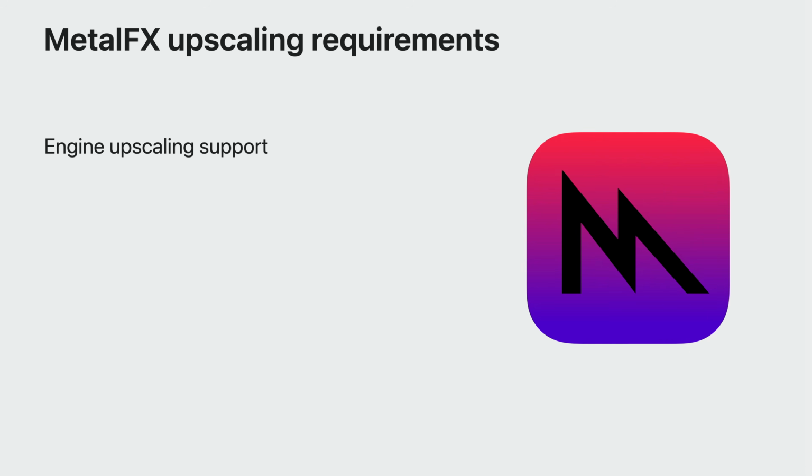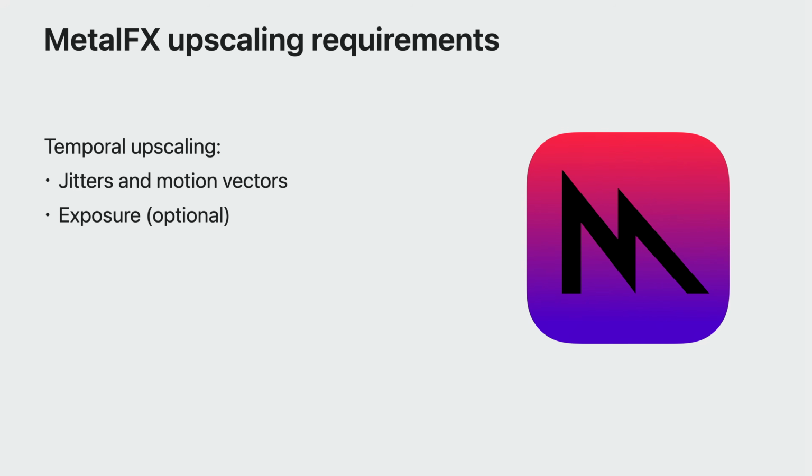To support MetalFX, you need upscaling support in the engine. Another requirement is the renderer to manually control the level of detail for texture sampling in material shaders. Temporal upscaling requires jitter sequence and motion vectors. You probably already have those if your engine supports temporal anti-aliasing.